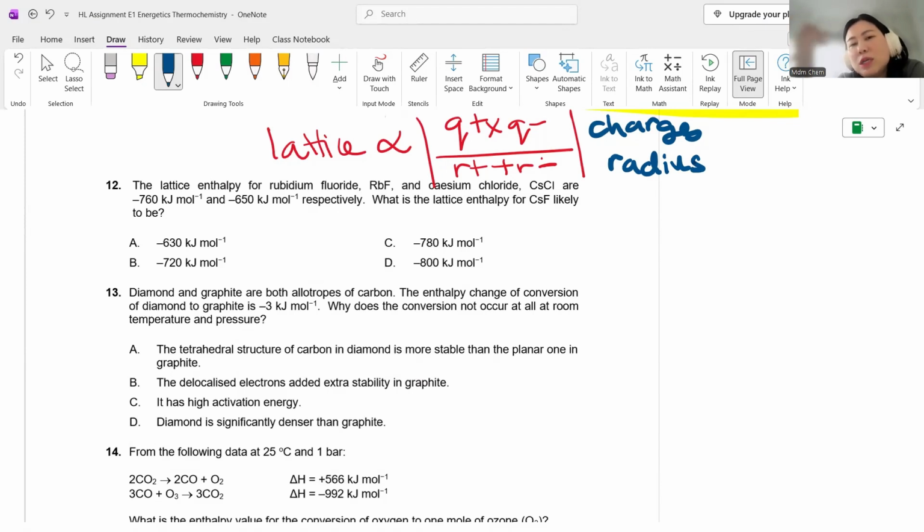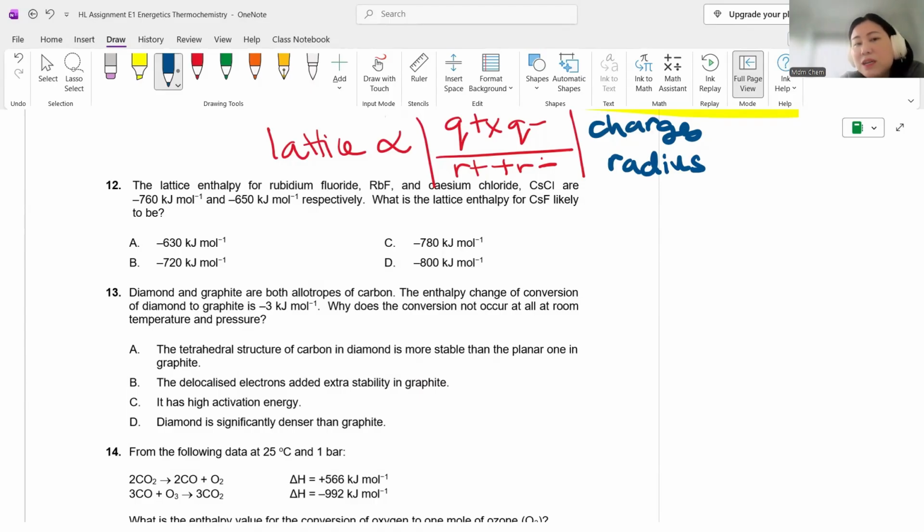That's all you need. So it's trying to tell you that lattice energy is directly proportional to charges and a bit like inversely related to the sum of the radius. Right? So we want charges to be big and we want radius to be small. So if you look at this, RbF, CsCl, or CsF, all of them have the same charge, plus 1, minus 1.